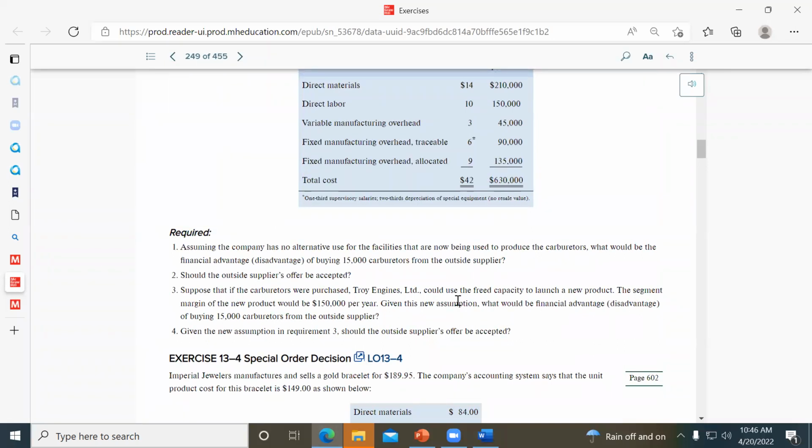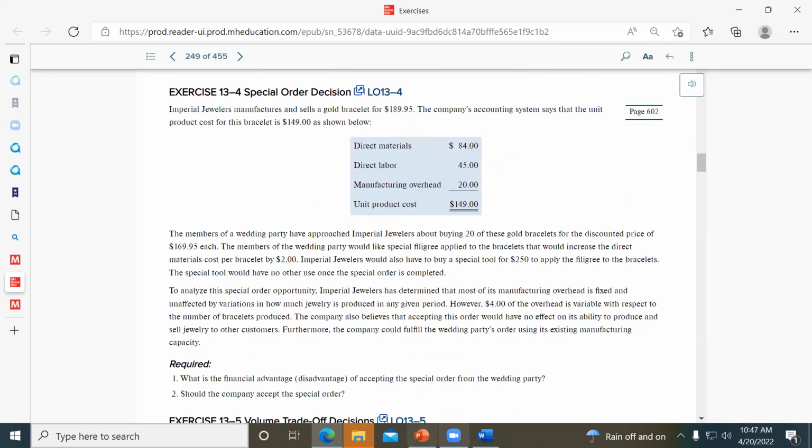Suppose if the carburetors were purchased, Troy Engines could use the freed capacity to launch a new product. The segment margin of the new product would be $150,000 per year. Given this new assumption, what would be the financial advantage or disadvantage of buying 15,000 carburetors from outside suppliers?